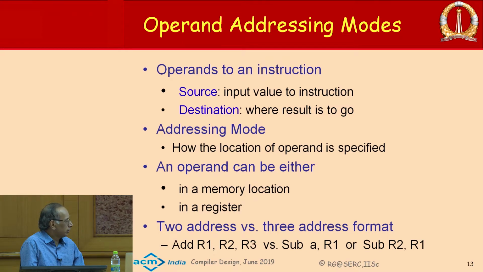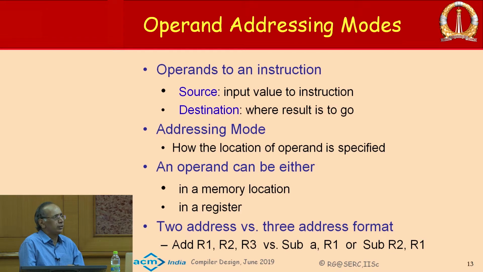And in a CISC machine you could also have memory operands as a part of your arithmetic operations. So, for example, here this says subtract the contents of the memory location A from R1 and then put the result back into R1. Again, when you talk about a specific processor, we will specify whether this is the destination or this is the destination.